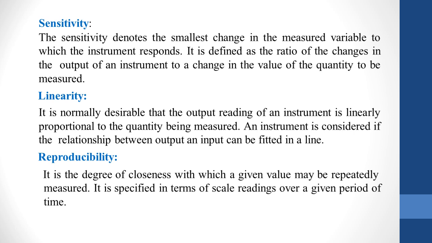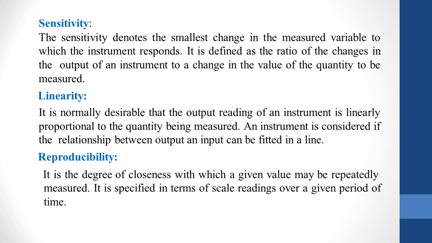Reproducibility. It is the degree of closeness with which a given value may be repeatedly measured. It is specified in terms of scale reading over a given period of time. Reproducibility and repeatability are a measure of closeness with which a given input may be measured over and over again.